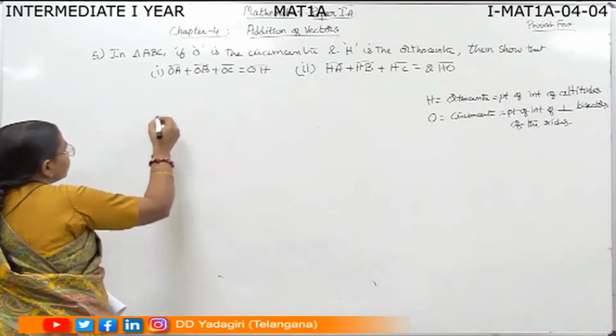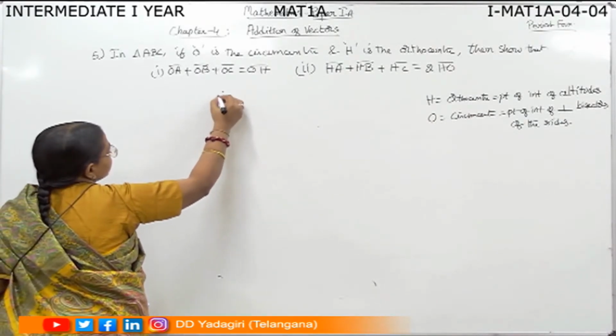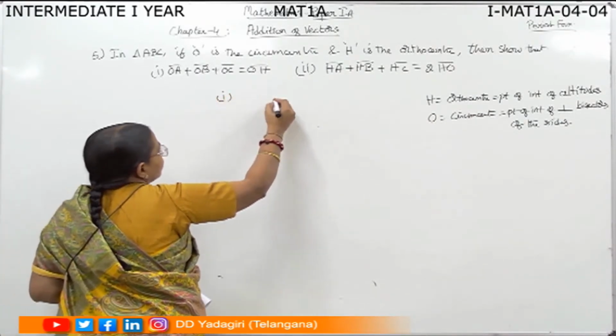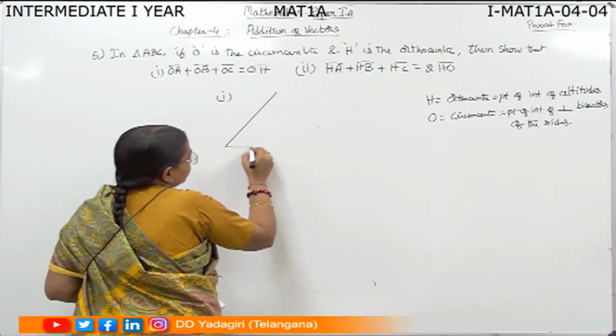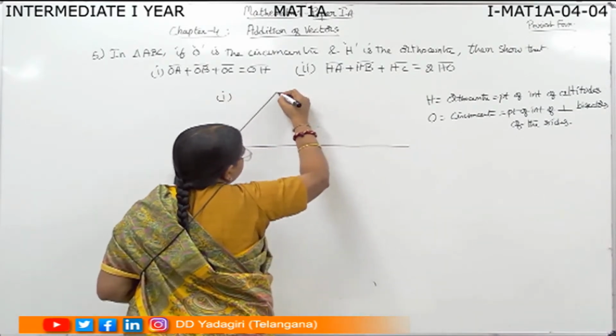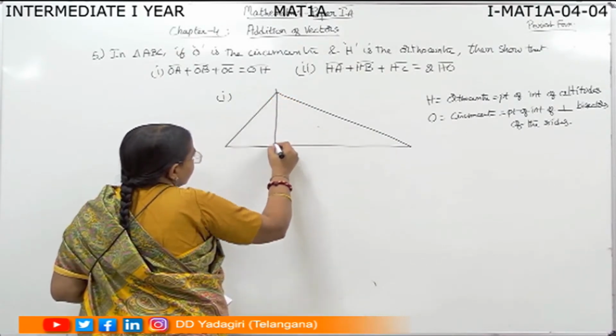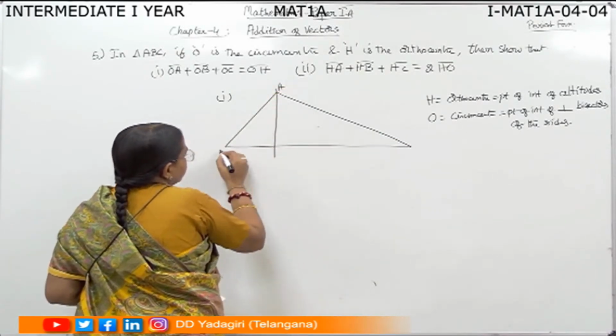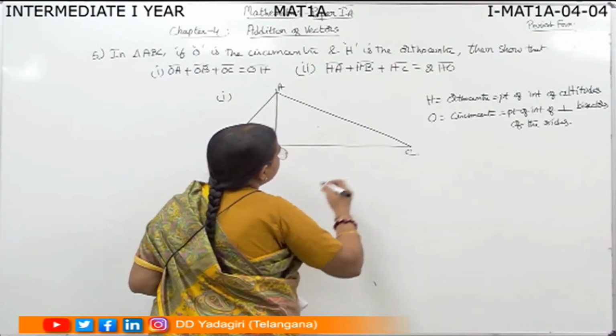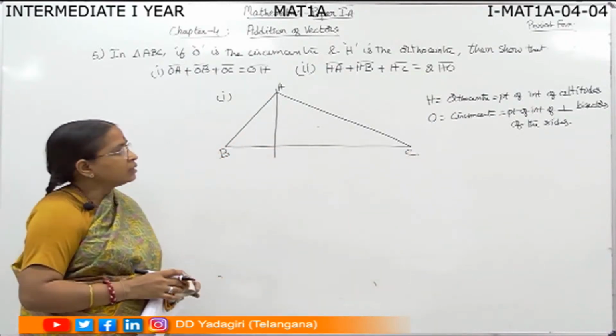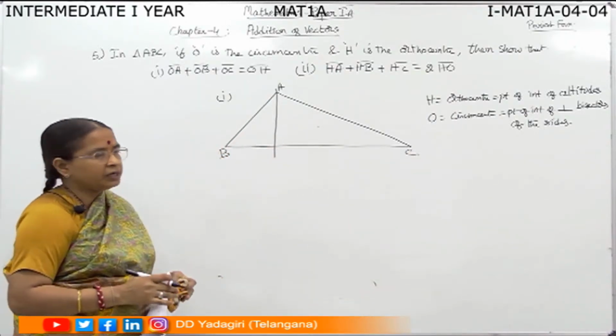Now we'll take the first bit. We'll draw the figure. You draw this figure clearly like this. A. Then we'll draw only one altitude. ABC is the triangle, and orthocenter is the point of intersection of altitudes.